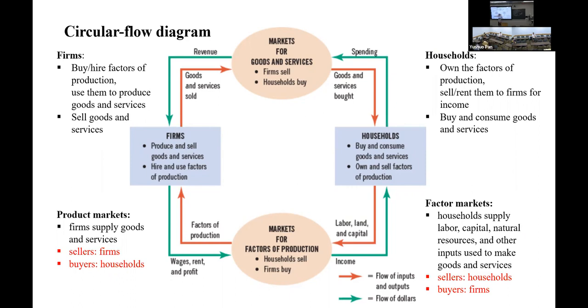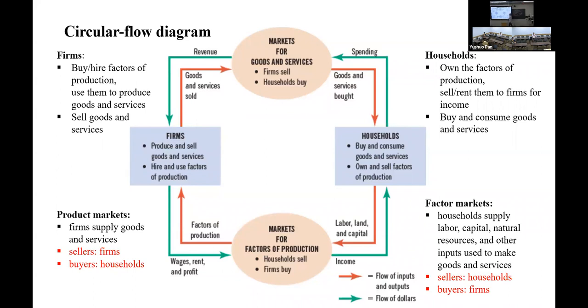For the factor market, households supply labor, capital, natural resources, and other inputs used to make goods and services. So the factor market is the opposite: the sellers are households and the buyers are firms.